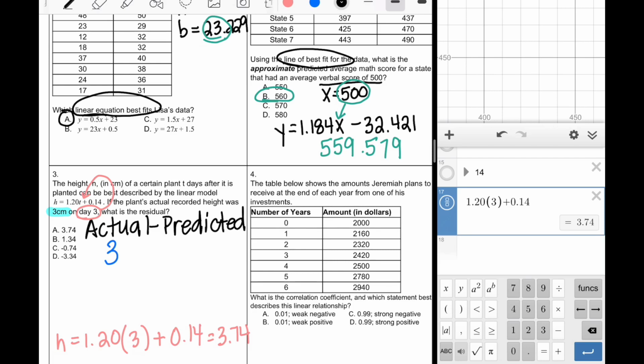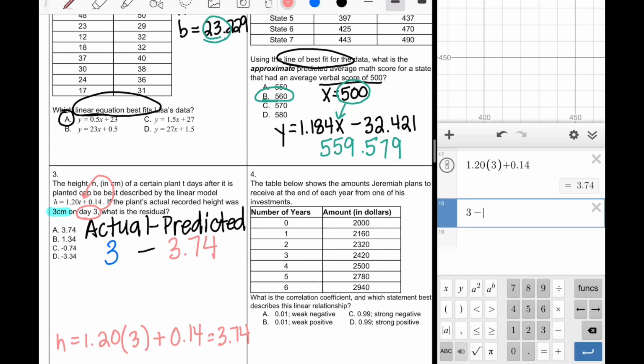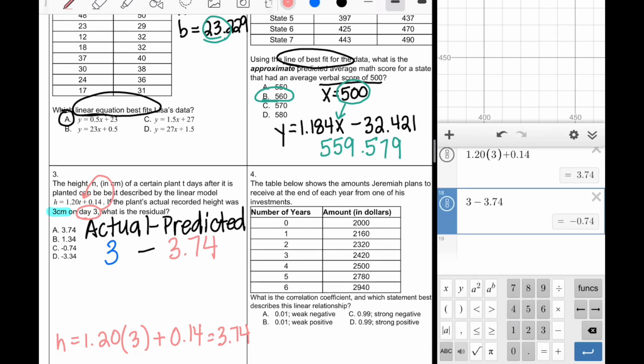You've got to make sure you're doing the correct order. It's actual minus predicted. So if I subtract those two, 3 minus 3.74, that is going to give me negative 0.74.